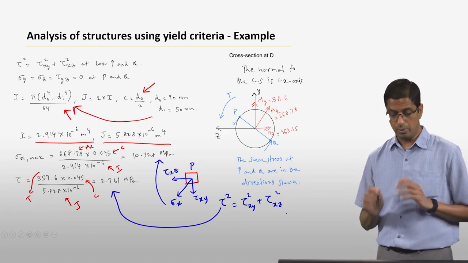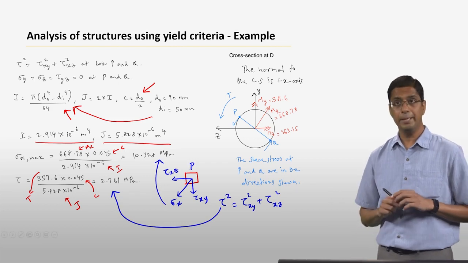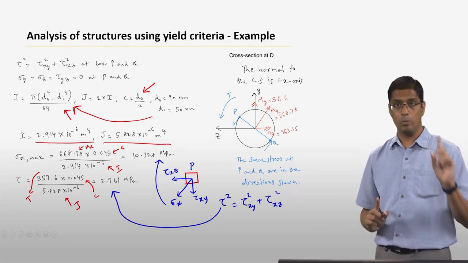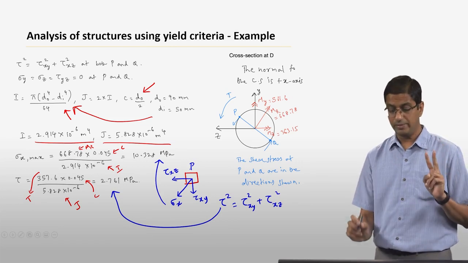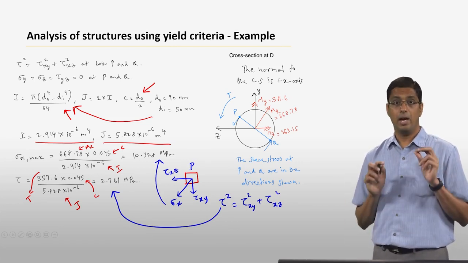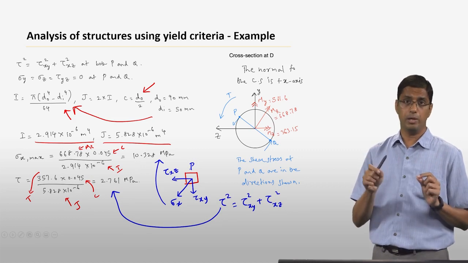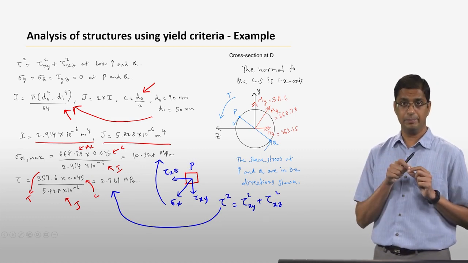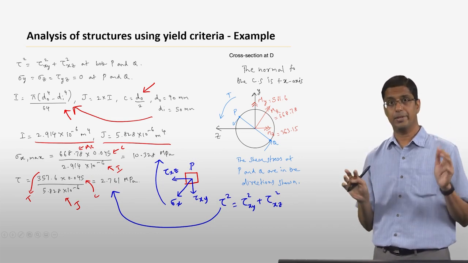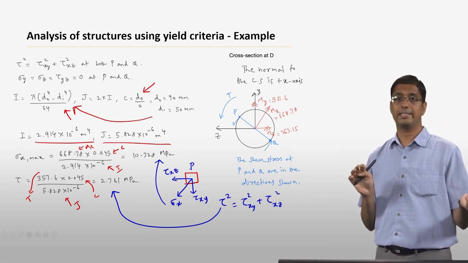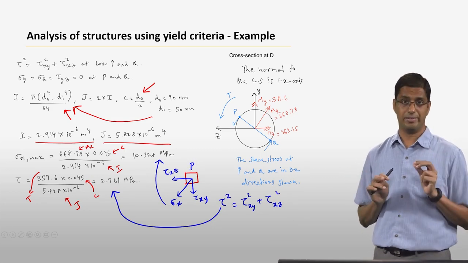This point P has only one normal stress, sigma x. It has two shear stresses, tau xy and tau xz. However, if you do a rotation of the coordinate system, you essentially can go from this 3D stress state, because you have both a component in the y direction and the z direction, to a 2D stress state.